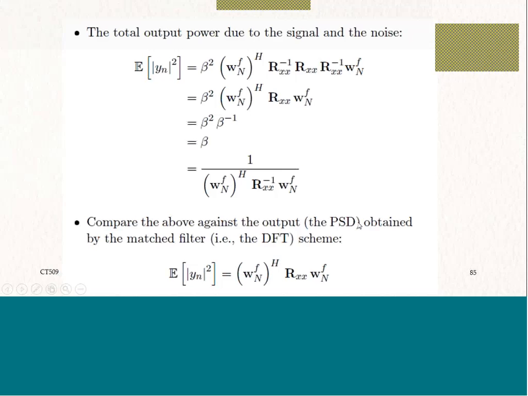So compared to the original expression, somehow the MVDR did something similar. It is still computing this type of Rayleigh factor in some sense, but there are two changes. One, this term which was in the numerator went into the denominator, and this correlation matrix became the inverse of the correlation matrix.